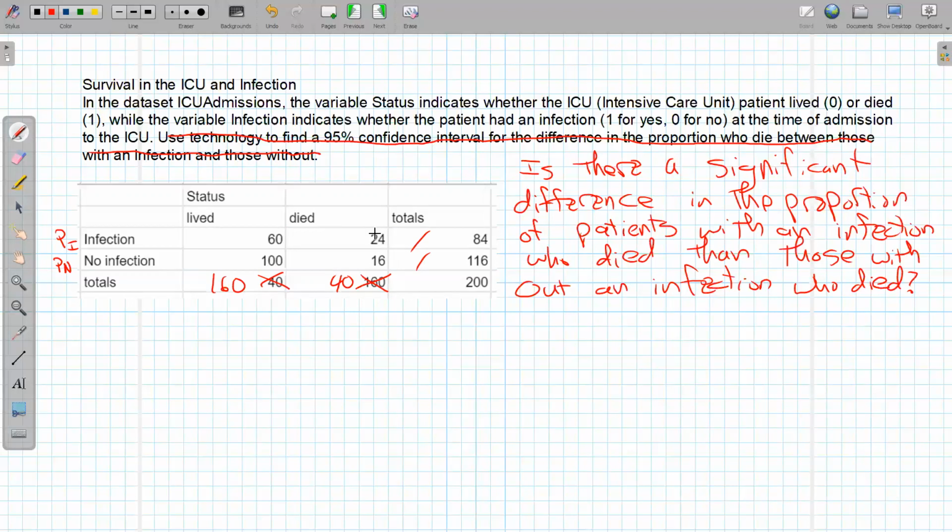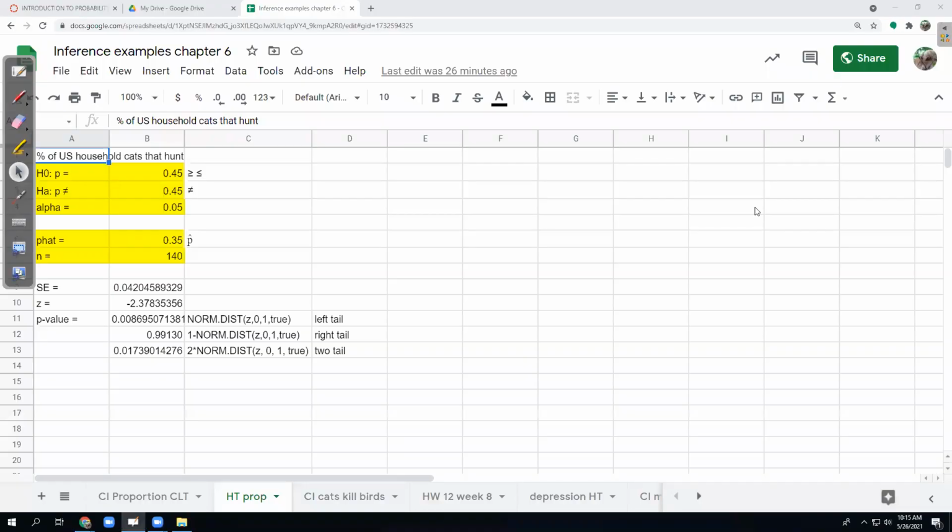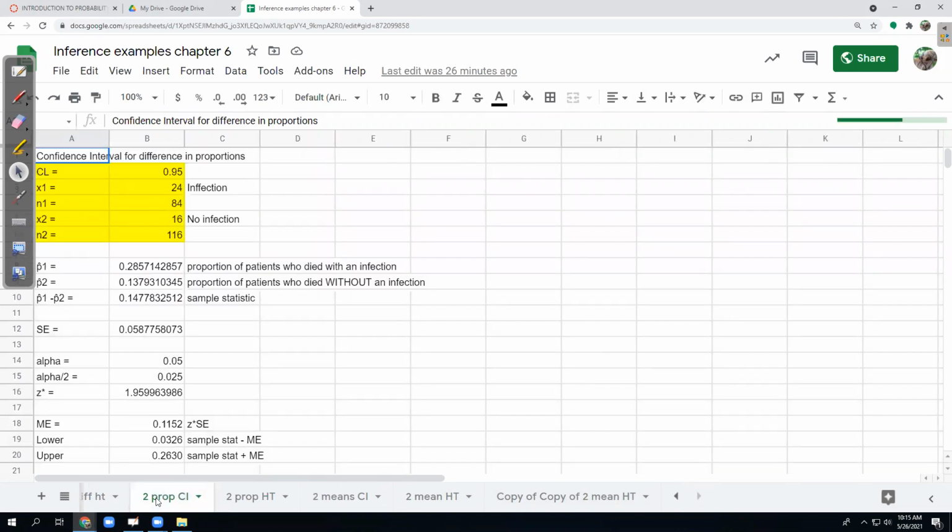When we looked at these figures right there, and let's get the spreadsheet, I'll share that out with you guys again. One of these tabs. Get too many tabs down here. To proportion confidence interval. That should be this one right here. Okay.